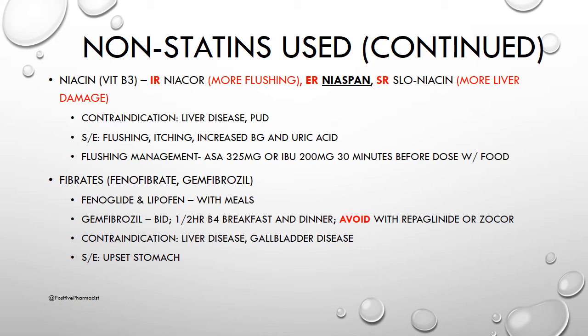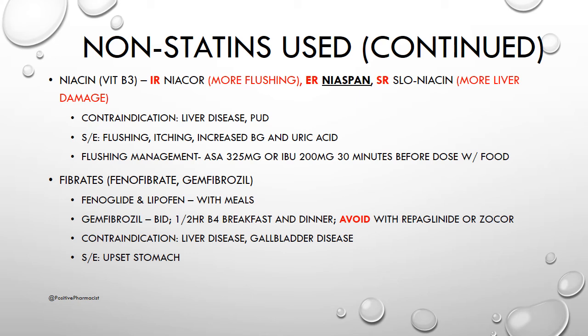So if the patient is placed on immediate release, they can manage the flushing by taking either aspirin 325 milligrams or ibuprofen 200 milligrams at least 30 minutes before the dose with food, of course, because these are NSAIDs, and you want to make sure that your patients take it with food to avoid any upset stomach or any bleeding in the stomach possibly.